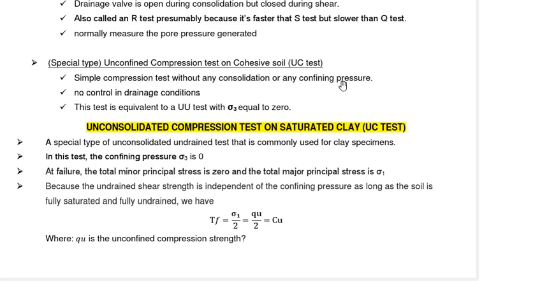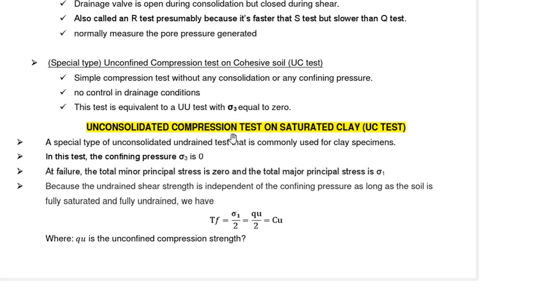So it is similar to an unconfined compression test on a concrete cylinder, since the test is not performed in the triaxial cell. So dito, yung special type natin na UC test, we don't have control in the drainage condition of our specimen.